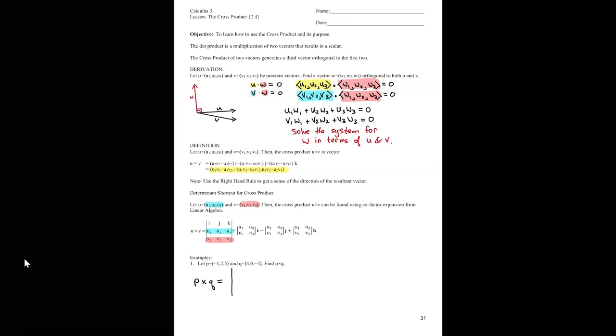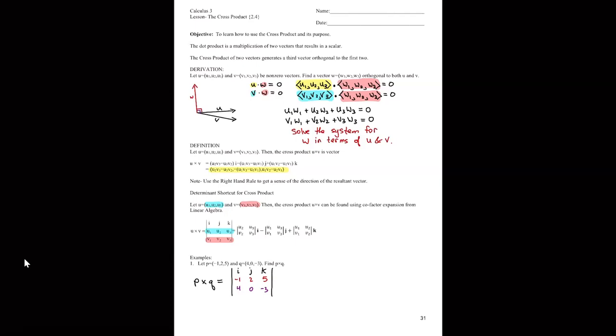So I'm indicating I, J, K here. We have the -1, 2, and 5. And we have 4, 0, -3. Okay.